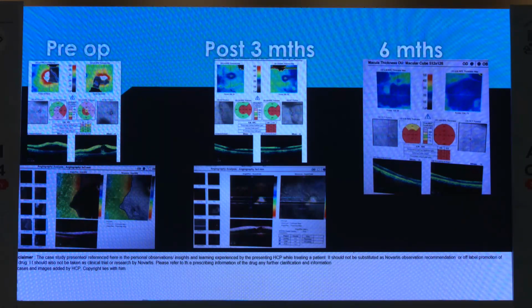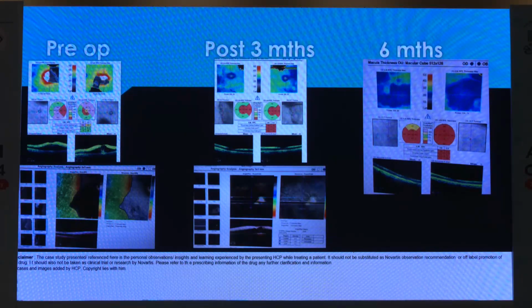But if you look at the OCT, there is a retinal thinning also, macular thinning also. So as sir correctly mentioned, as it is a long-acting drug, it definitely increases the duration between the injections, but you might have foveal thinning at times, so you need to have a close follow-up of your patients.